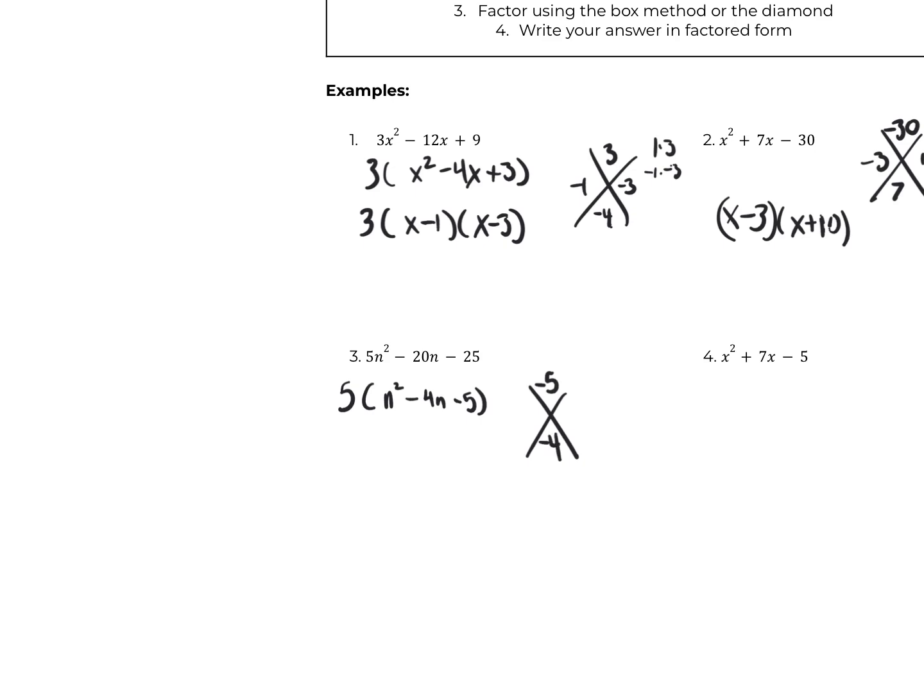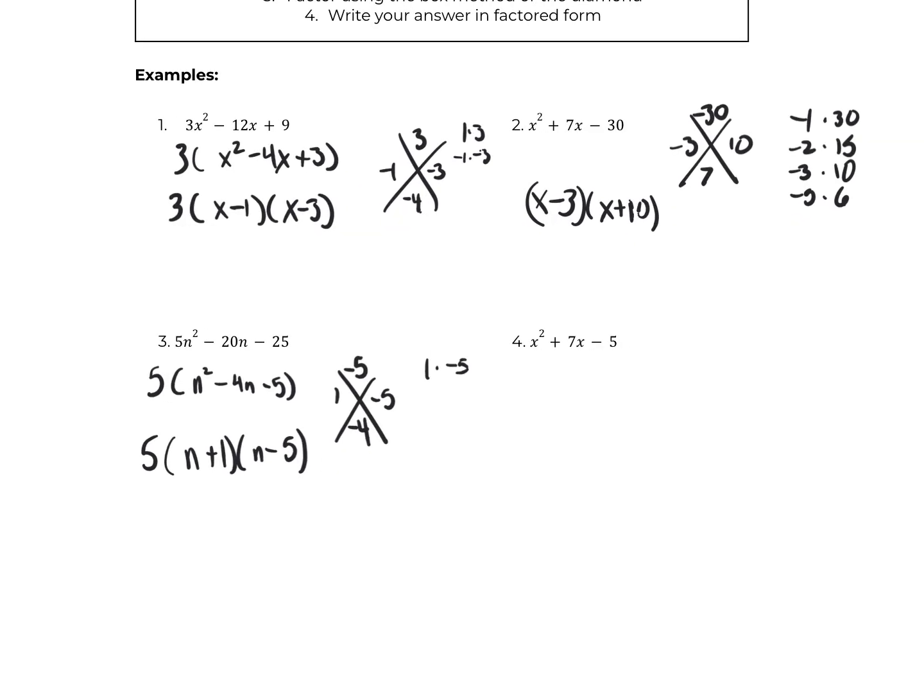And list the factors of negative 5. One's going to be positive, one's going to be negative. It's going to add to equal negative, so the bigger one has to be negative. So 1 times negative 5, that's my only option, and that does add up to equal negative 4. So 5(n plus 1)(n minus 5).